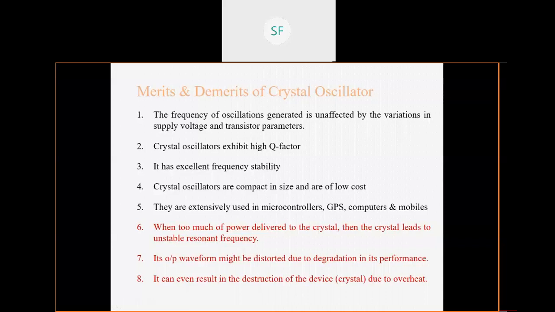So that's another disadvantage of RC and LC oscillators. But crystal oscillators are very small, very compact in size. Isn't it? It is compact, that is why it is used in your mobiles and laptops.